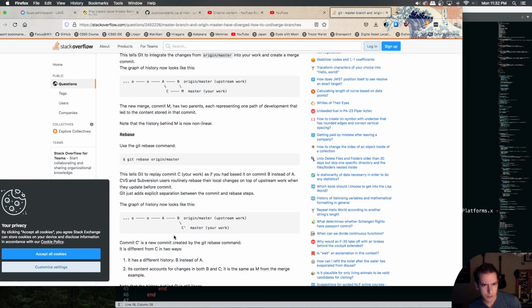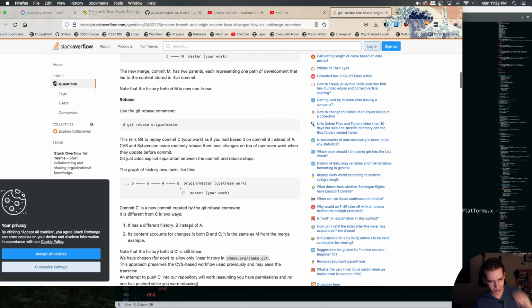Git rebase tells git to replay commit C as if you had based it on commit B instead of A. Okay, that's kind of what I want to do. Commit C is a new commit. Ah, gosh, it's so confusing. What are you talking about?